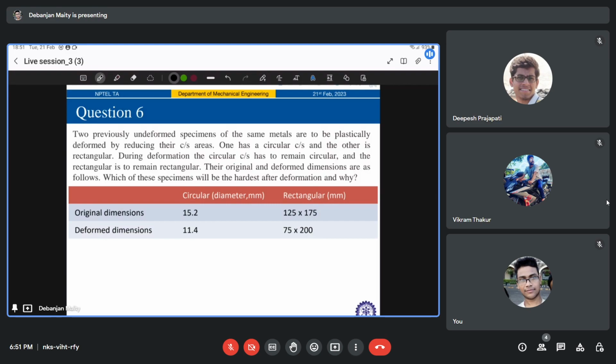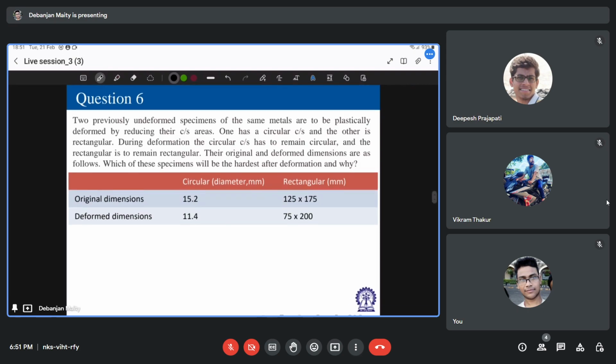So, here it is saying that you have these previously undeformed specimens of some same metals. So, the material is similar for two cases, which need to be plastically deformed by reducing their cross sectional areas.